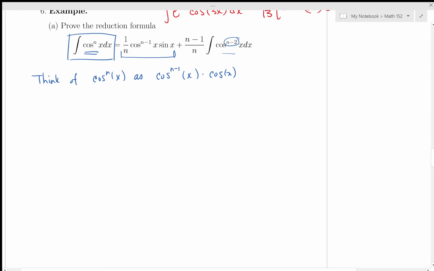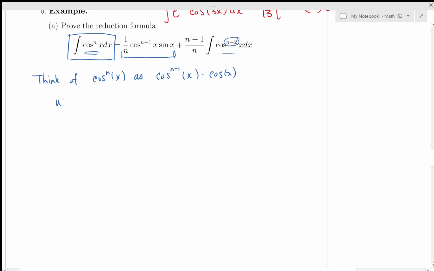That's a true statement, and that's how I'm going to split it apart. That's going to allow me to split the integrand in this way.